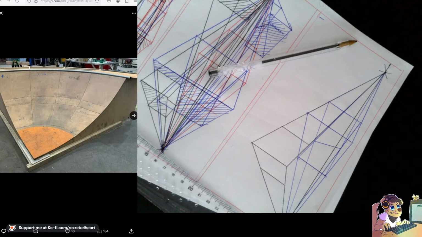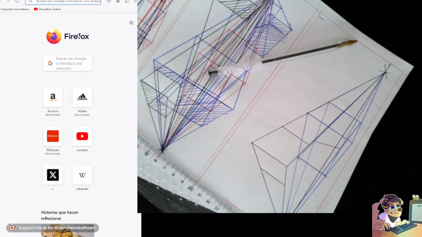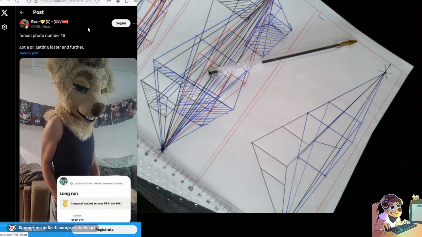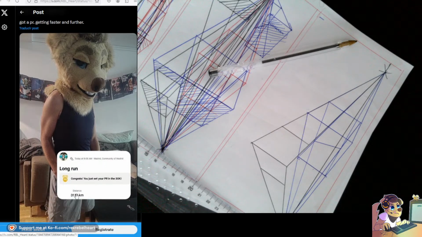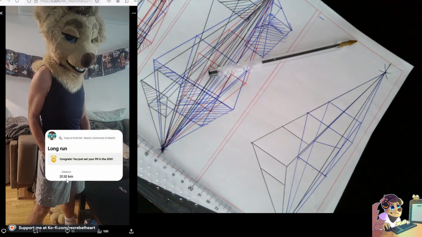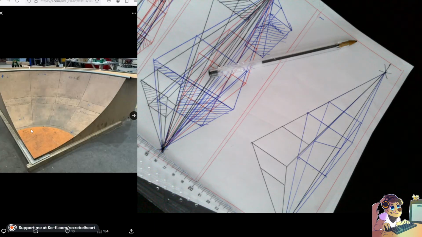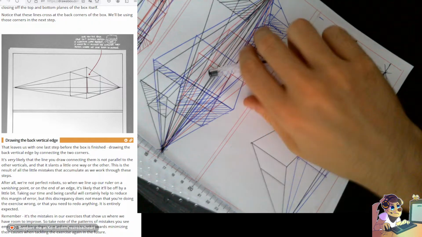The other big thing I was doing today is I did a 31-kilometer run this morning. I've been building the bowl, and then I've been sat here drawing for 90 minutes now.